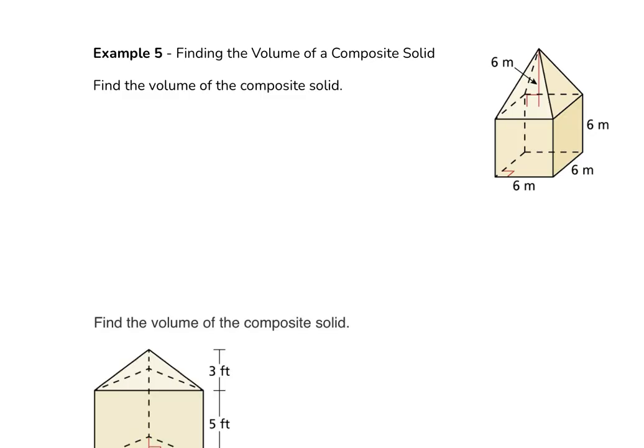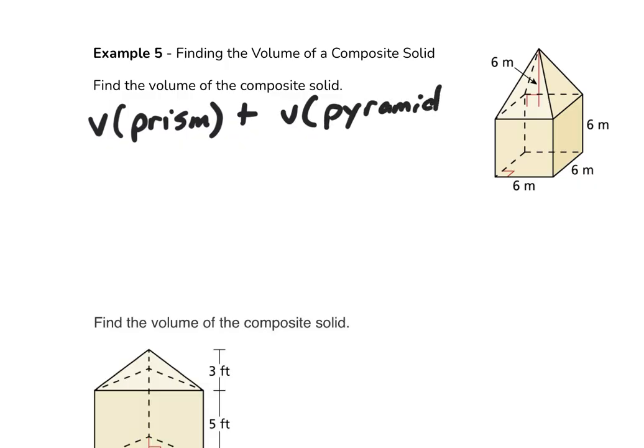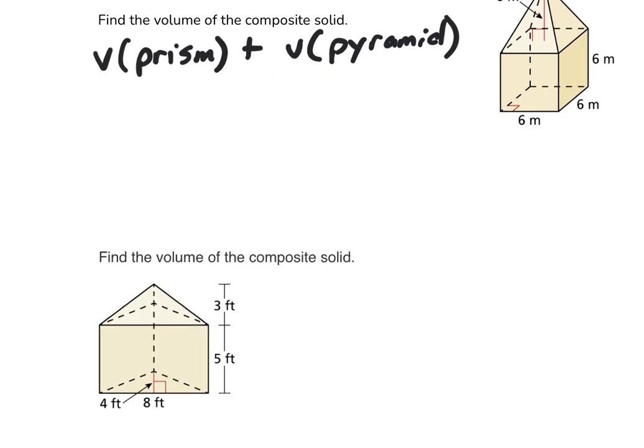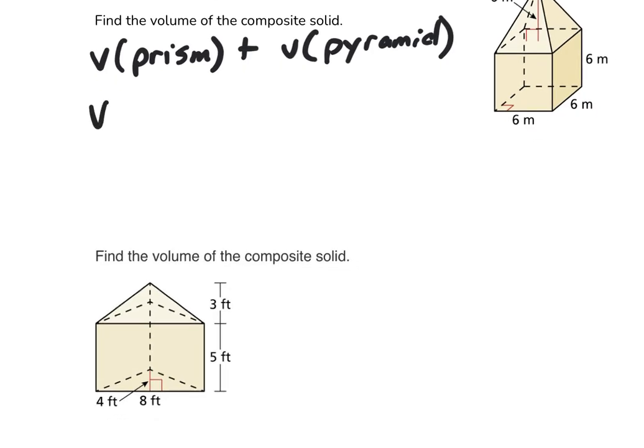So what we're going to do here is find the volume of the prism plus the volume of the pyramid. Okay, the prism is big B times H. What kind of base do I have on bottom? Square.